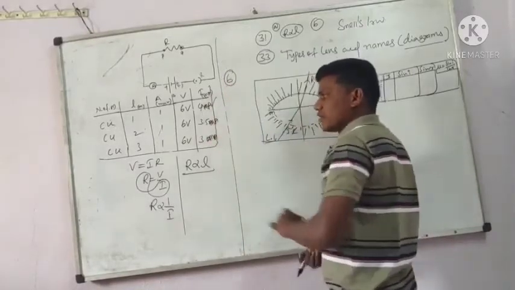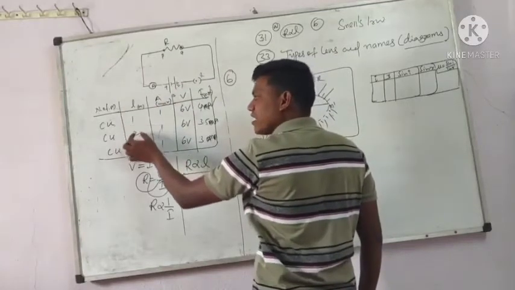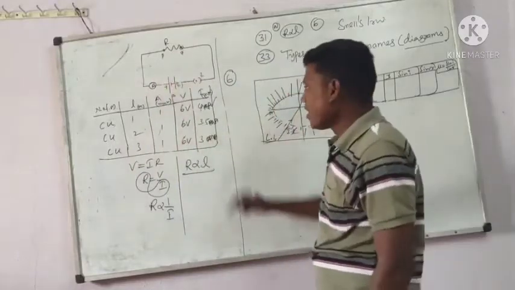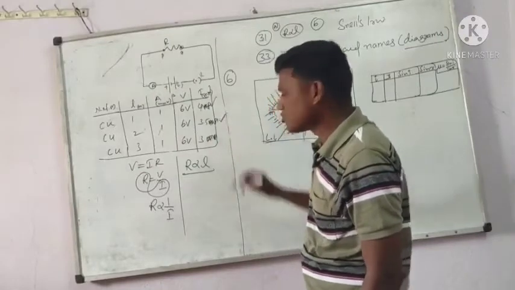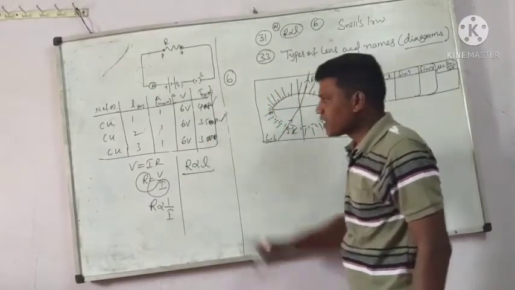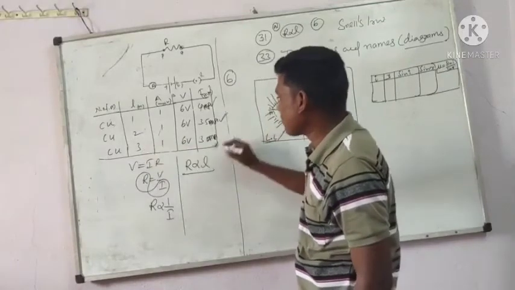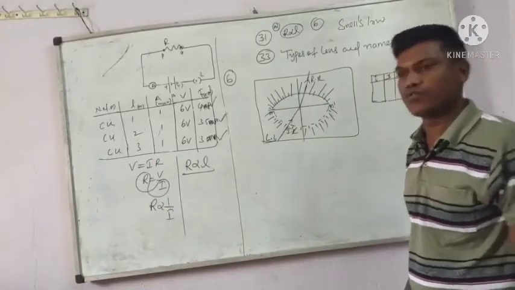Now remove the 1 meter wire, introduce the 2 meter wire between P and Q, and observe the ammeter reading. At that time it shows 3.5 milliampere. Next, repeat the same experiment with the 3 meter length of wire. At that time we observe 3 milliampere current flowing.